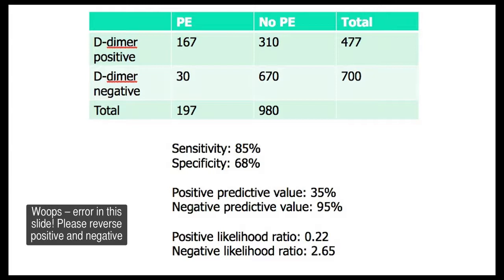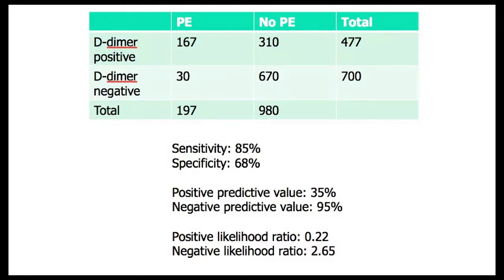Whereas in contrast, 2.65, the positive likelihood ratio, well, that's still sort of quite close to 1. So the test probably isn't that good at telling us if a patient has a positive result, that it is associated with having the disease, in this case PE.